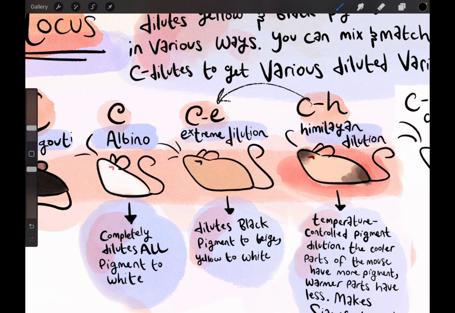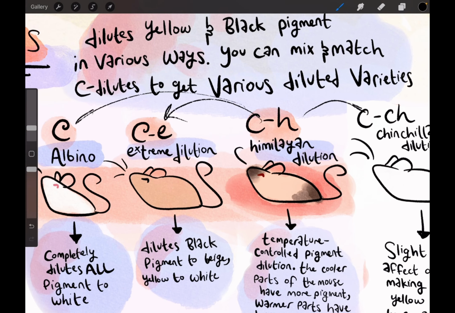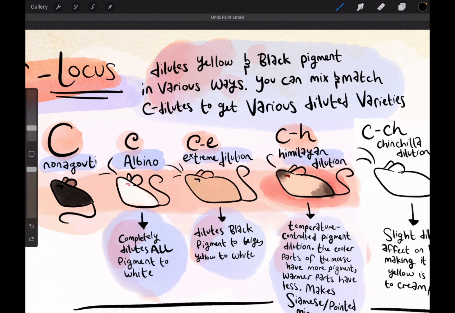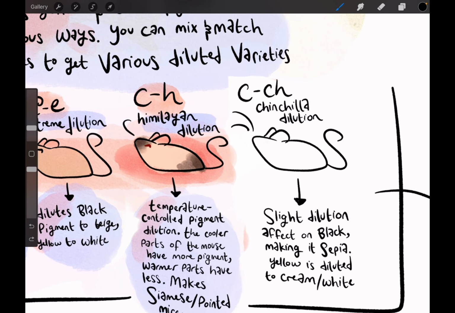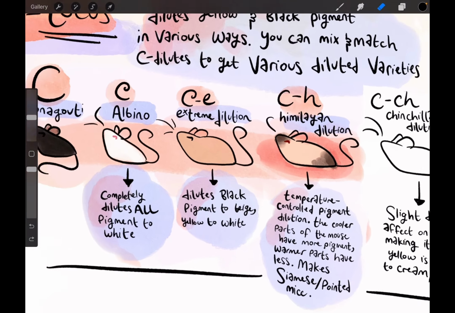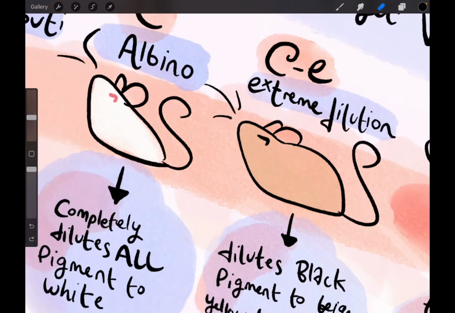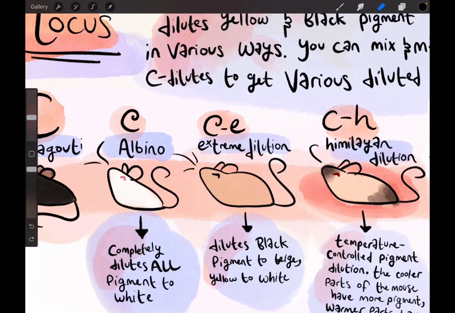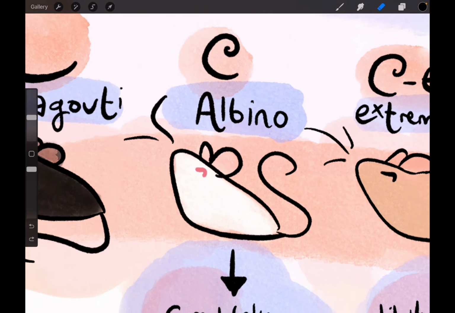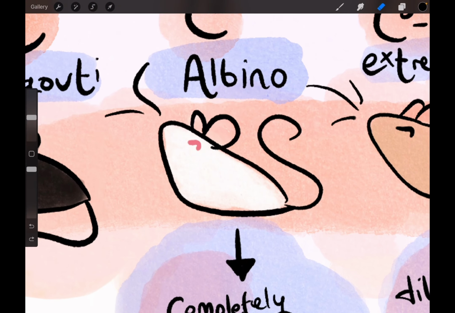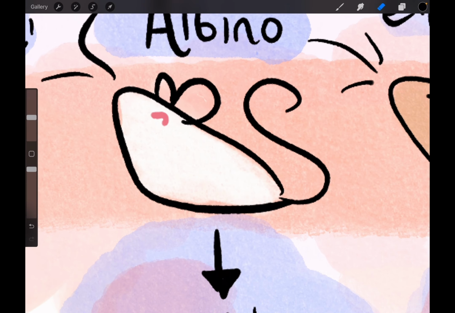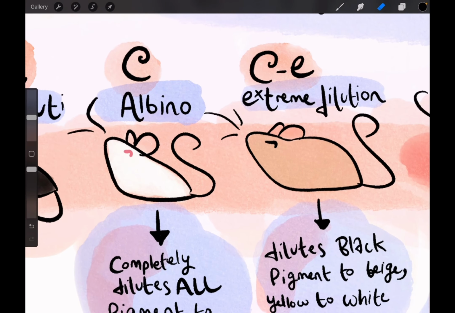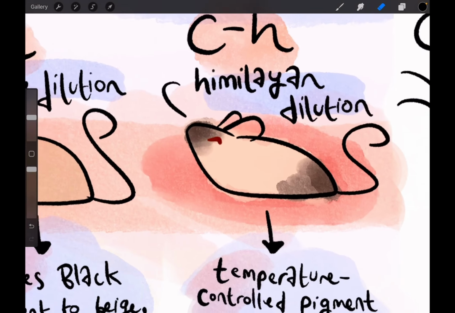CH with CE or C or CCH, and you will have points plus whatever effect that other gene has, which is really fun. So you can have pointed varieties that have like a beige base or an albino base, where they'll have like albino plus Himalayan, which is actually called a Himalayan, funnily enough, and they have points on the muzzle, and then they have like a white body still, and their eyes are more pink than a Siamese.